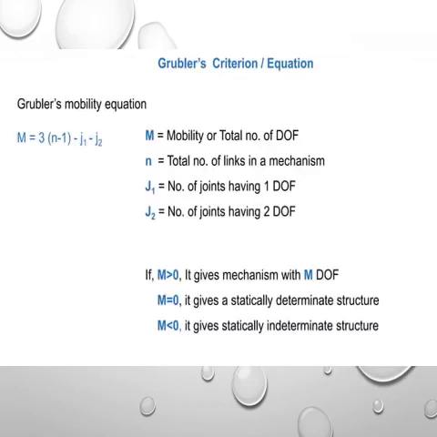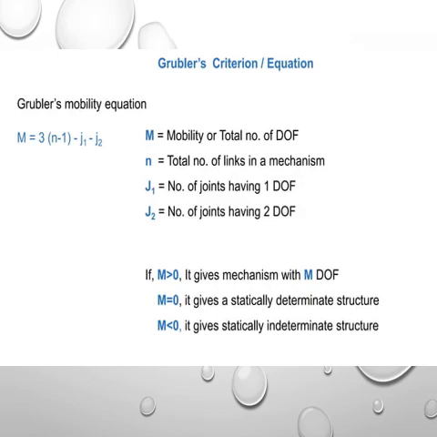Next, Grubler criterion. Grubler criterion is the formula m = 3(n - 1) - 2j1 - j2, where m represents mobility or total number of degrees of freedom, n represents total number of links, j1 and j2 represent number of joints.